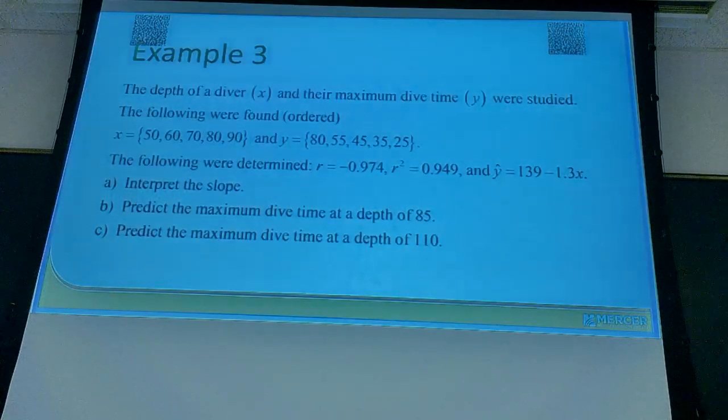C, predict maximum dive time at a depth of 110. Would that make sense to do?